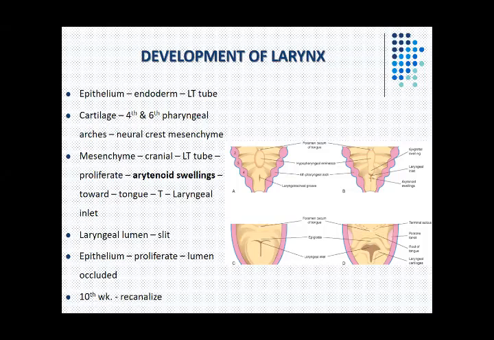So the laryngeal inlet became T-shaped. You can see these swellings that are formed by proliferation of mesenchyme at the cranial end of the laryngotracheal tube.